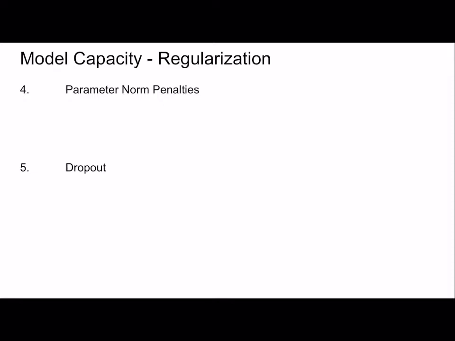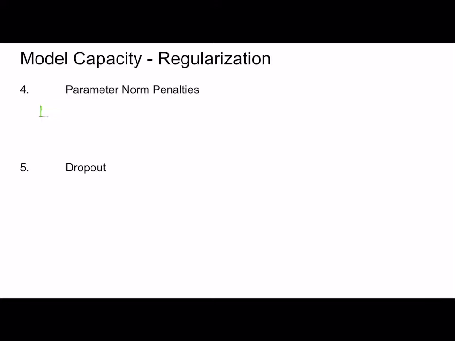Other more sophisticated approaches to regularize our neural network and make sure that it doesn't overfit are parameter norm penalties and dropouts. So let's start by explaining what the parameter norm penalty is.